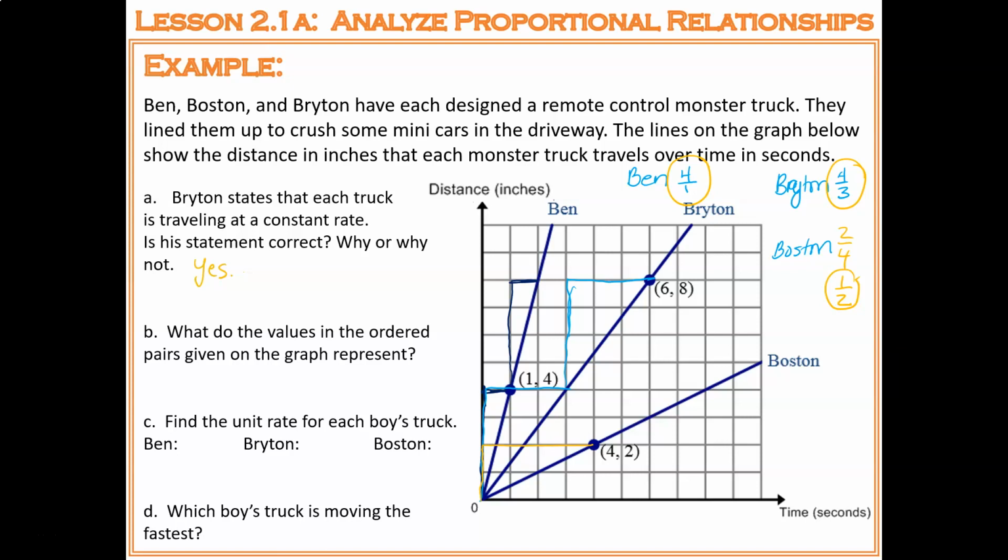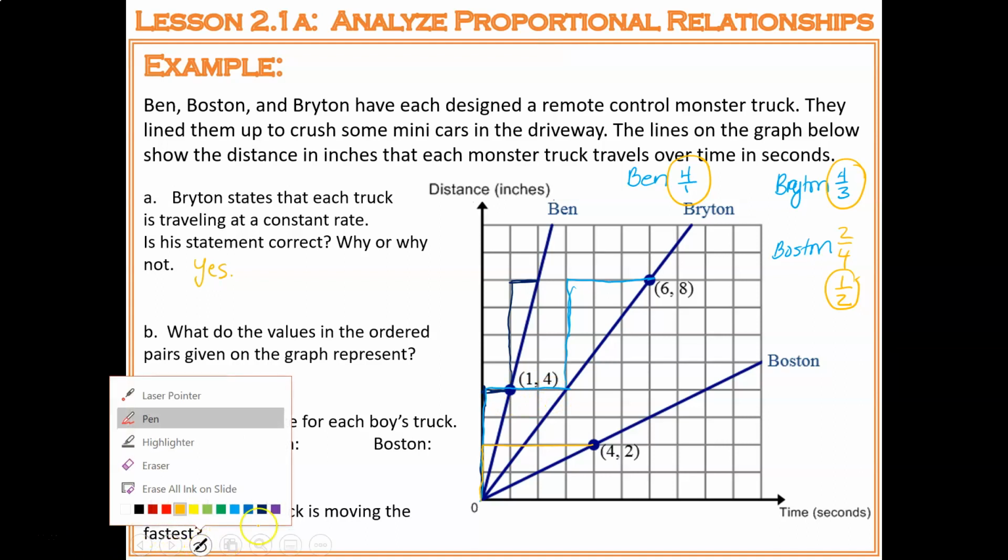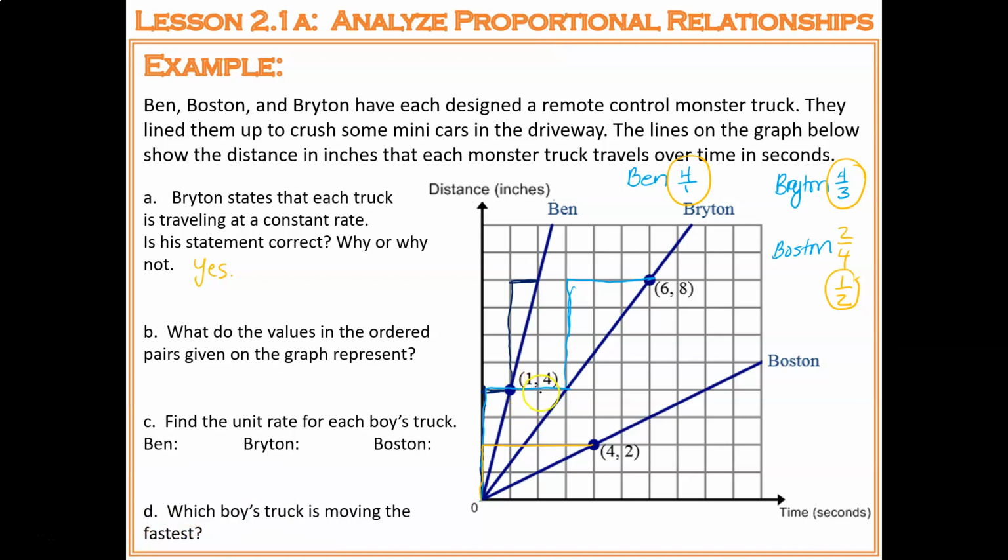What do the values in the ordered pairs given represent? So let's look at this ordered pair on Ben's. All right, Ben's is 1, 4. That means after 1 second, this is your X and that's your Y. Remember X, Y. So the X is time.